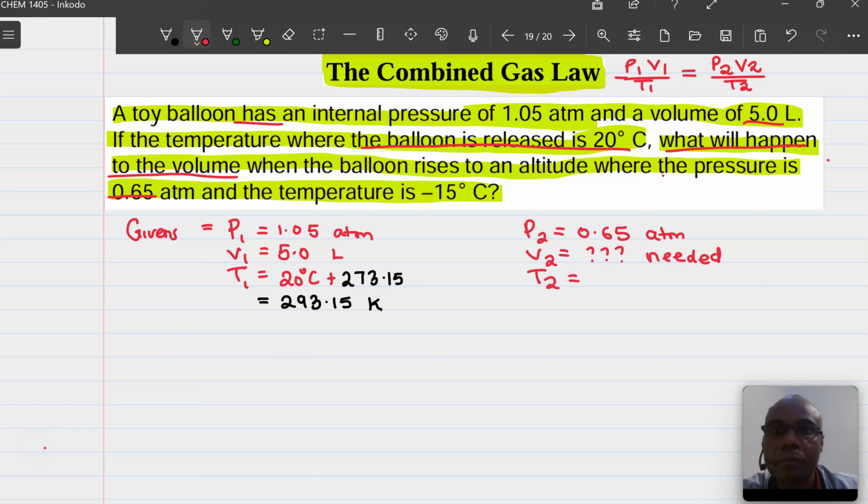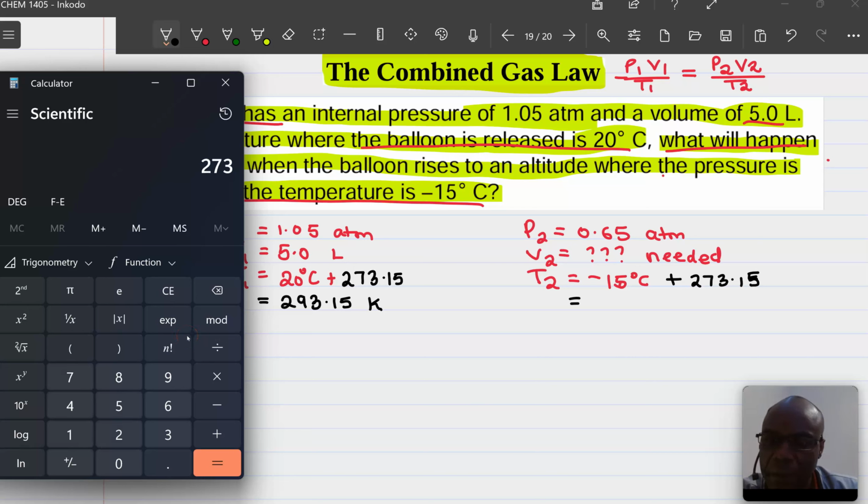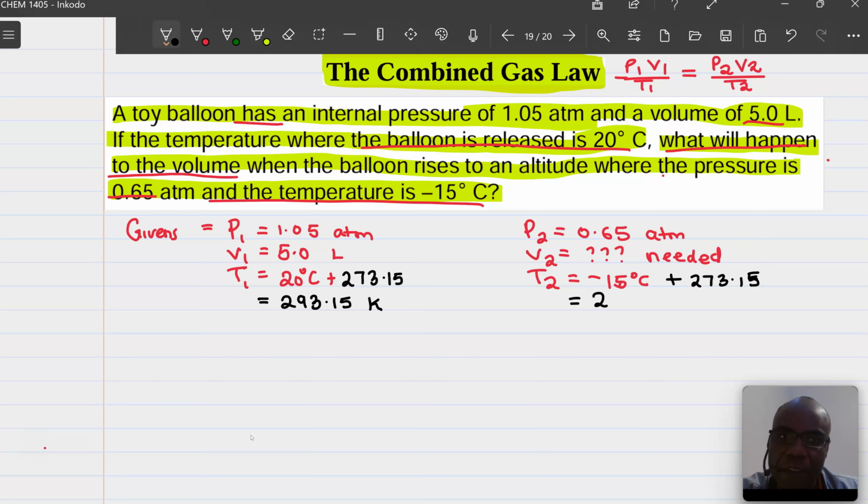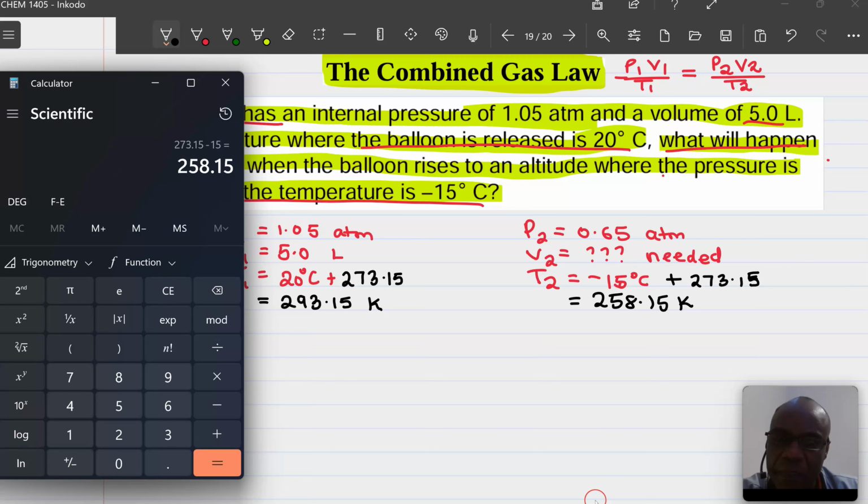Then T2, the after temperature, is negative 15 degrees Celsius. To convert that to Kelvin, I add 273.15, so 273.15 minus 15 gives 258.15 Kelvin.